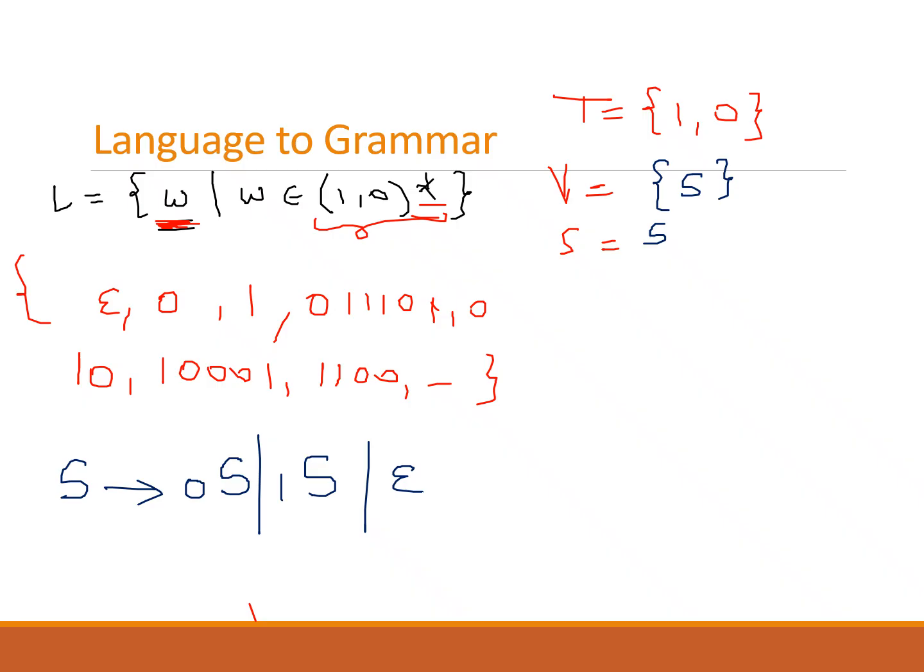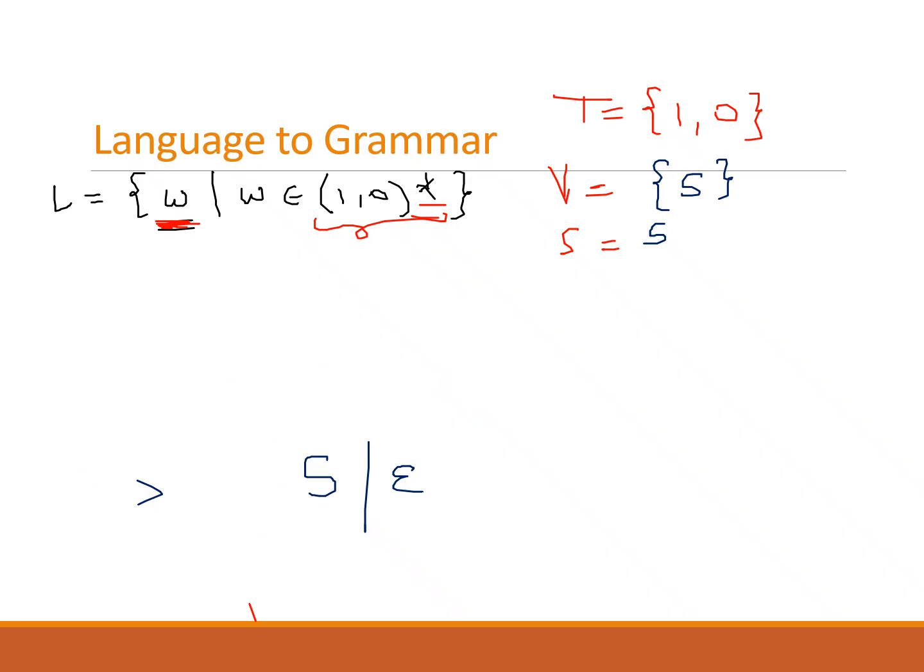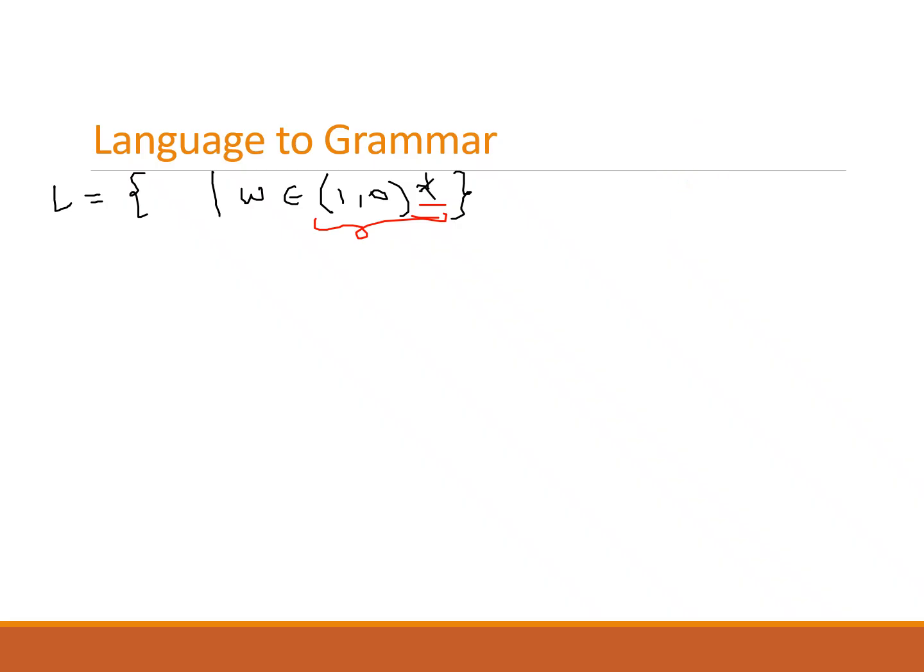Let us do a small change in this language, and let us see how the grammar changes. So now what we say, instead of having only W, let us consider the language to be W W^R. So this is reverse.